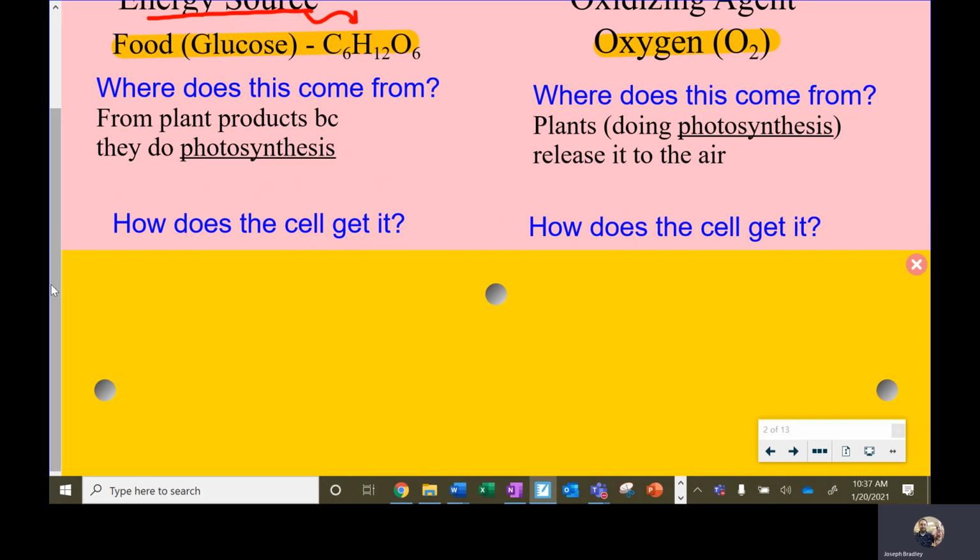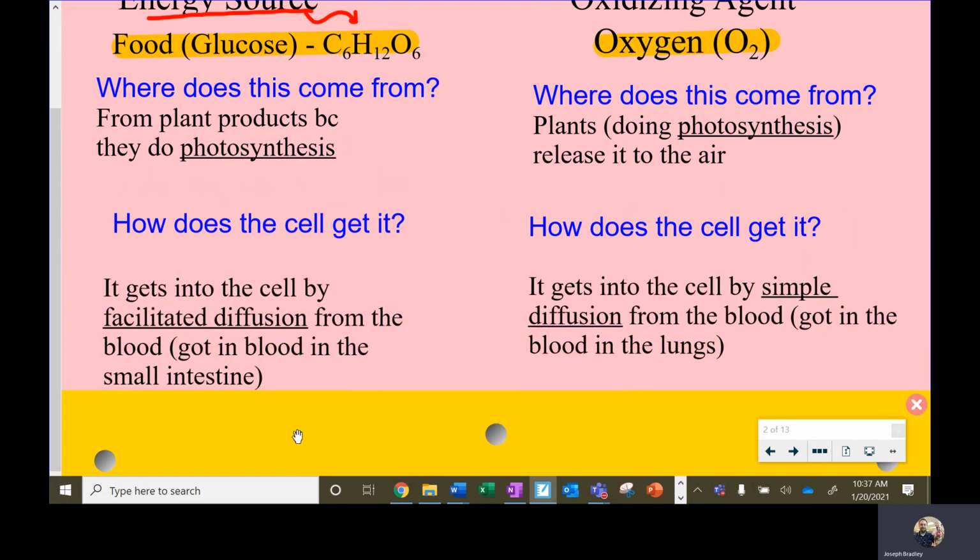So how does the cell get it? Glucose is one of those molecules that's a little bit too big to go right through the cell membrane. So the cell gets it by absorbing it from the blood through the cell membrane via facilitated diffusion. It got into the blood through the small intestine, and from the blood into the cell, it goes through facilitated diffusion.